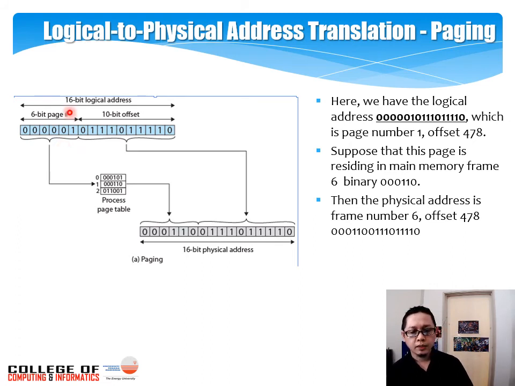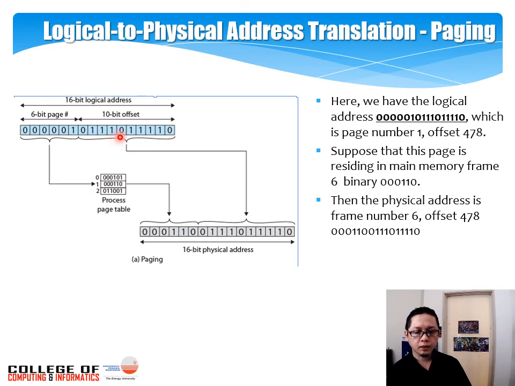So from the 16-bit logical address, you break off the first 6 bits, which here is 0 0 0 0 0 1. This is the page number. Now you need to cross-reference this information with the page table.